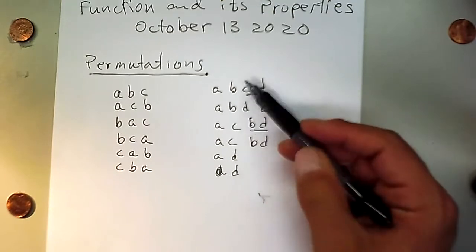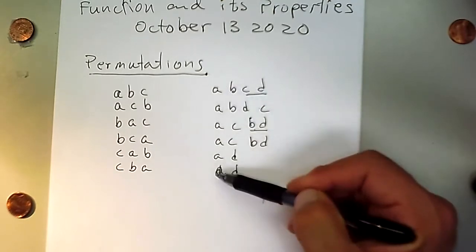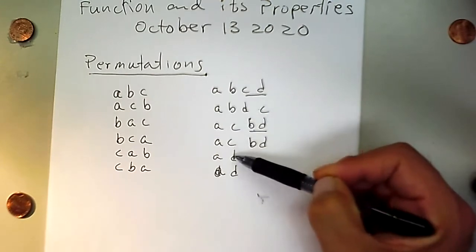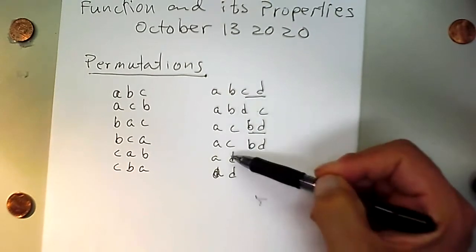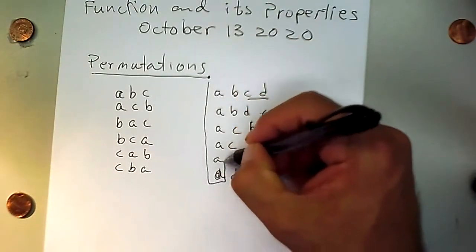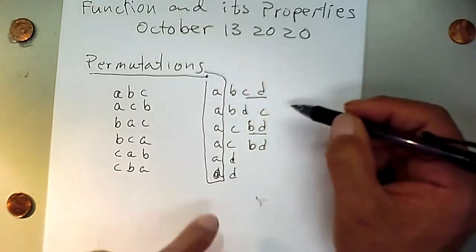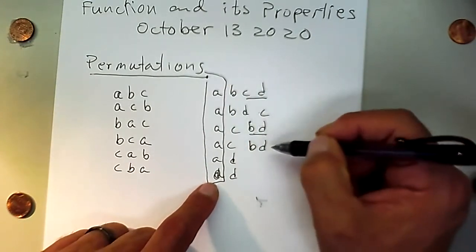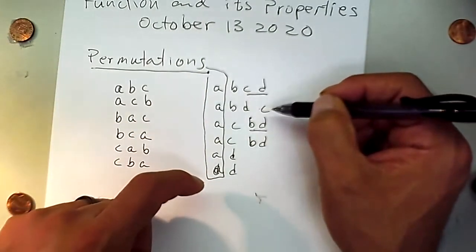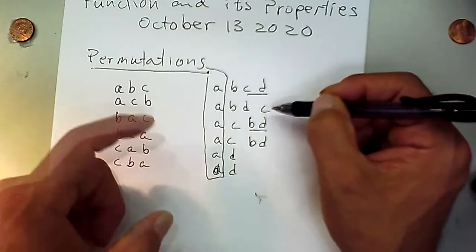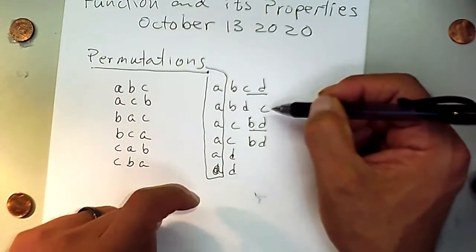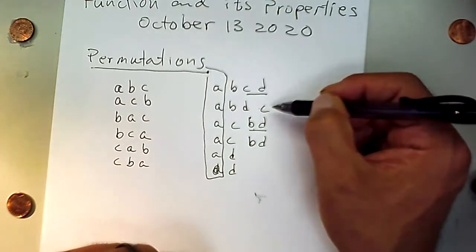No, that's it. If you have A on the first position, you can only have B on the second position, or C or D. So this finishes up all the permutations with A at the beginning. And then in the same manner, there's going to be six of them with B on the first position, six of them with C on the first position, and six of them with D on the first position, making a total of 24.